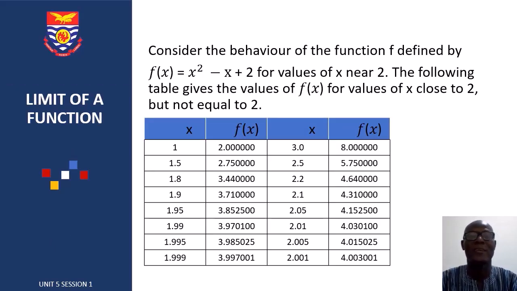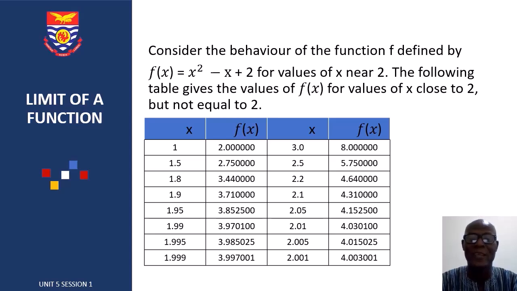Limits of a function. Let us look at how the function f of x equals x squared minus x plus 2 behaves if x approaches 2 from two different directions, that is, from the right hand side and from the left hand side. In the table below, x approaches 2 from the left hand side, from 1 to 1.999.